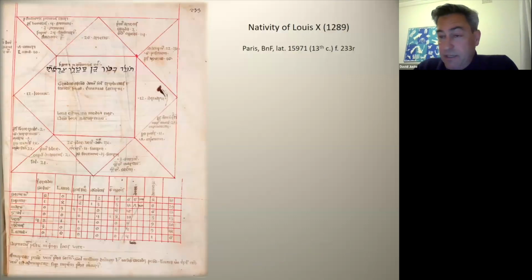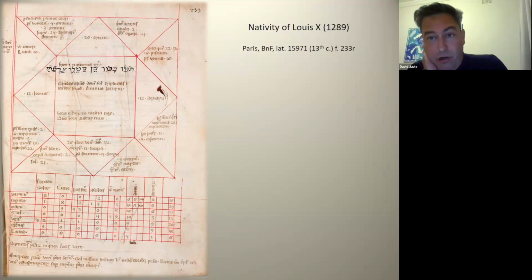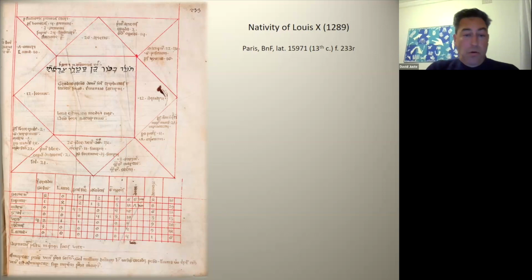Okay, this was a 16th century example. We may go back in time and find a 13th century beautiful example. This is the nativity of the French king Louis X, born in 1289. And his horoscope was cast soon after he was born by some Parisian astrologers who, below the horoscope, have a table very similar to the one I just showed you from Schoner.